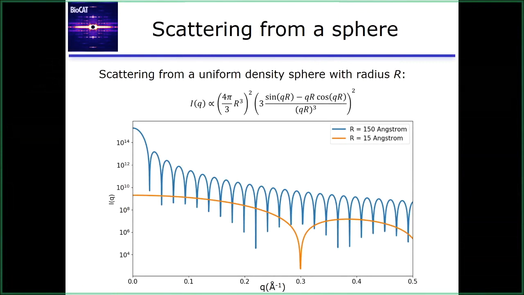So whenever you're thinking about scattering profiles, the thing to keep in mind is that all the stuff down at small q is coming from the overall sizes, basically, and from the larger dimensions of your system. Whereas the stuff at larger q is coming from the finer details and the smaller dimensions of your system. In theory, if you went out far enough, you could measure atomic level resolution.